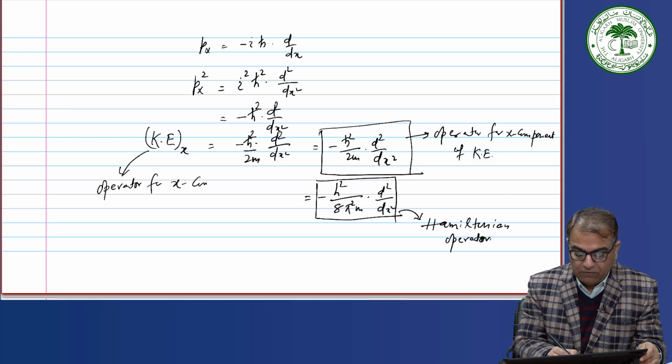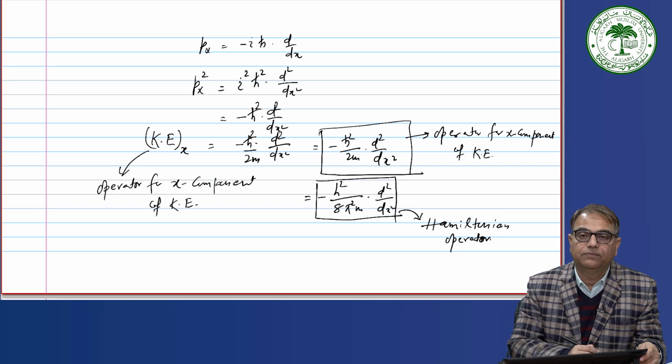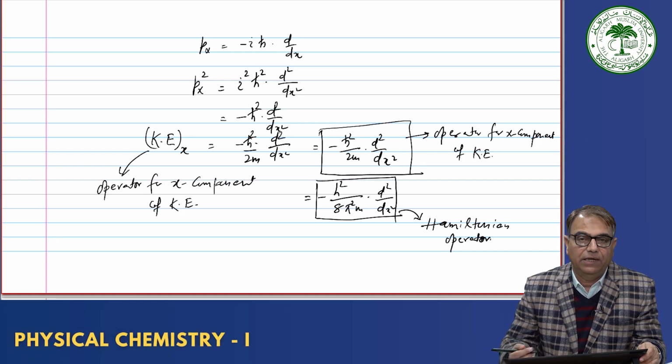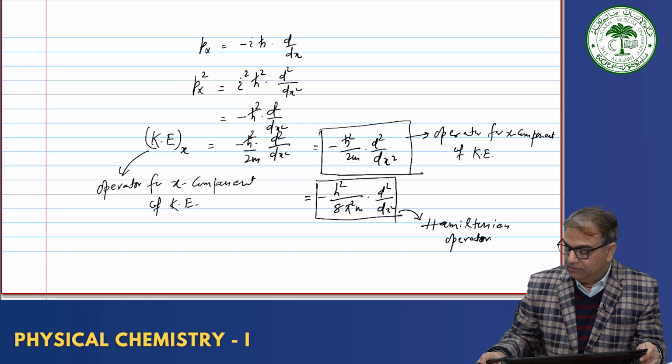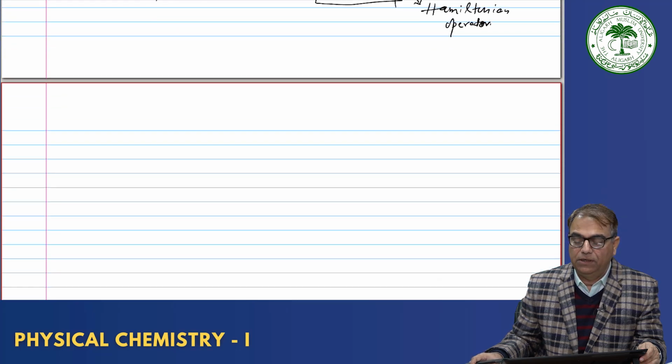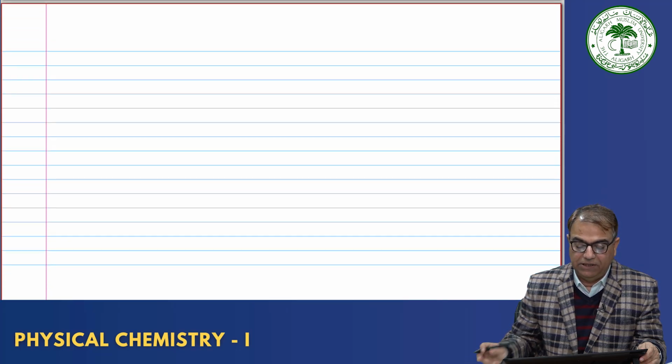x component of kinetic energy by simply using the operator for momentum. Okay. So you can write the operator for y component and z component also in the same fashion. It will remain same.